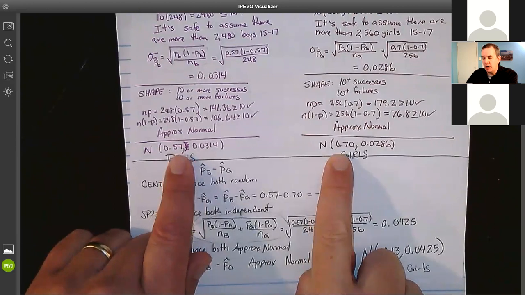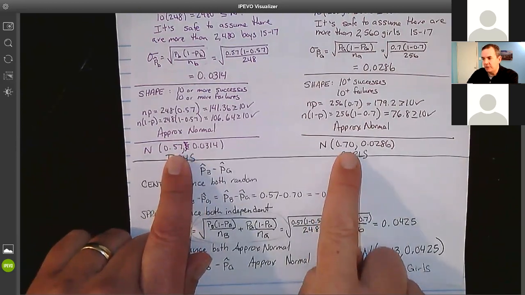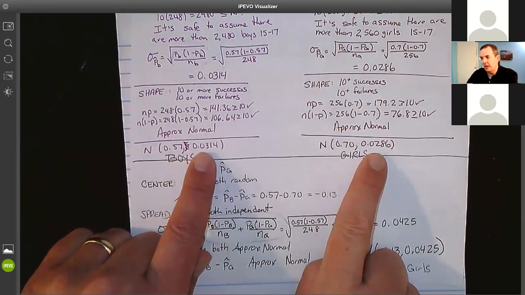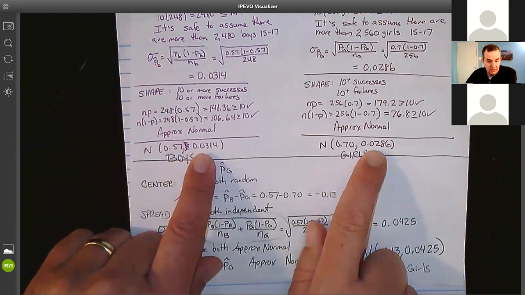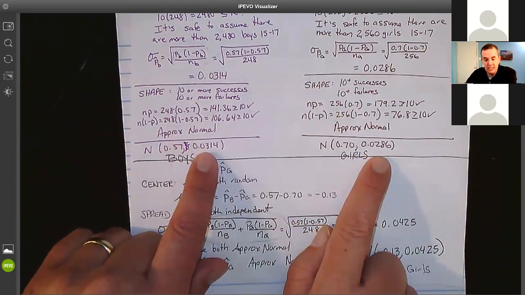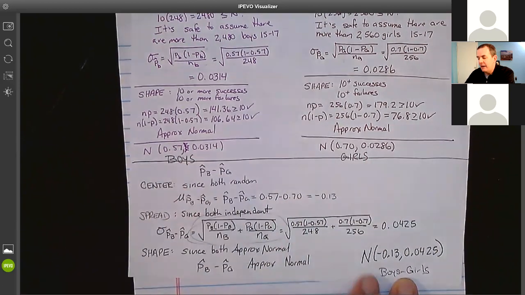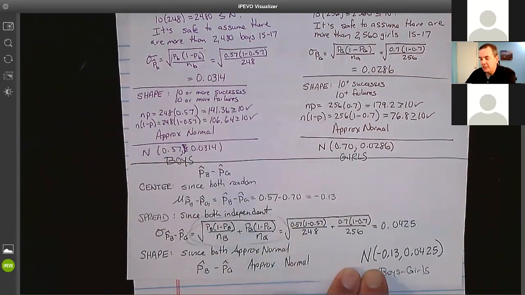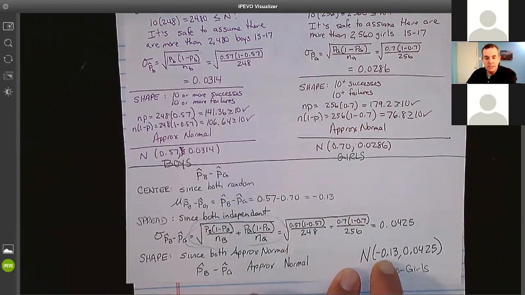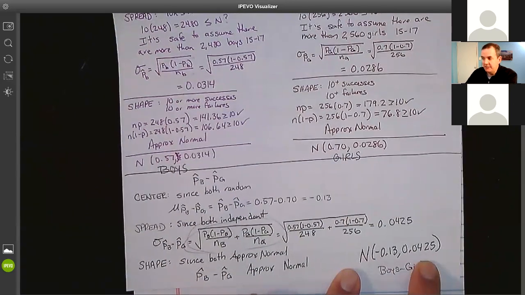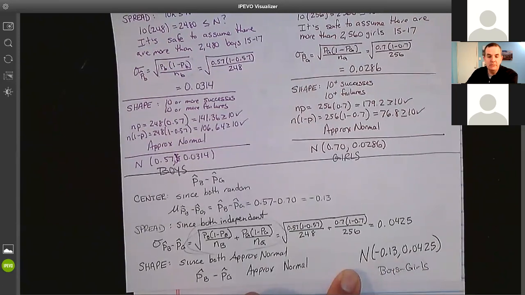Instead of two curves, one centered at 57, one centered at 70, with similar but different standard deviations, I now have one distribution that is normal, centered at negative 13%, with a standard deviation of 4%, boys minus girls. If I had done this as girls minus boys, it would have been centered at positive 13% with the exact same standard deviation.